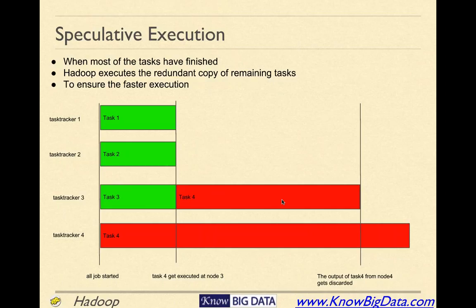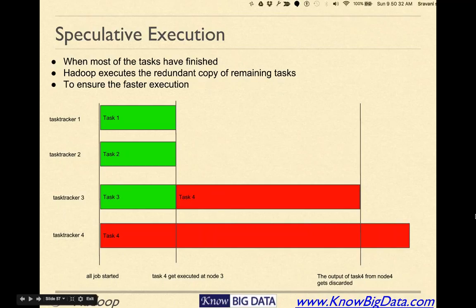So you can see task 1, task 2, task 3, and task 4. 4 tasks were given to the task trackers. The first 3 task trackers finished the work. Now the same task, task 4, will be given to task tracker 3 from the beginning, from the zeroth. It's not like we are consuming some of the output done by task 4. No, we are just taking task 4 from the beginning and executing it on task tracker 3.